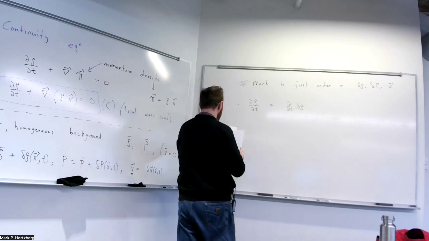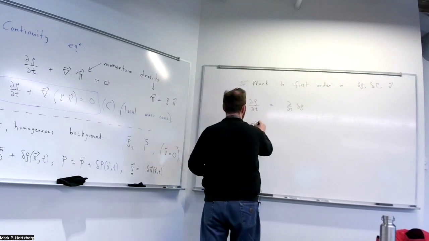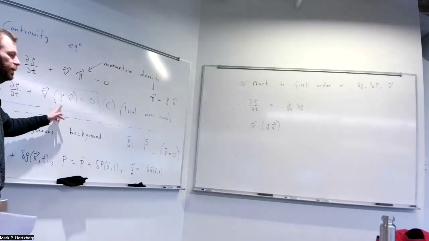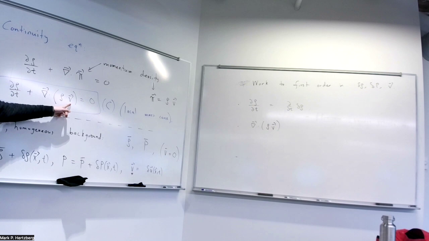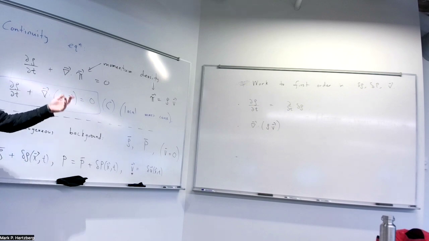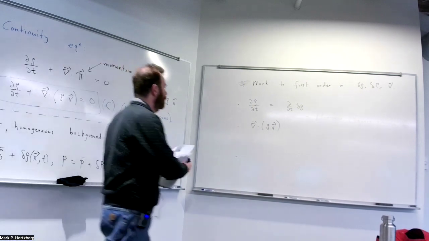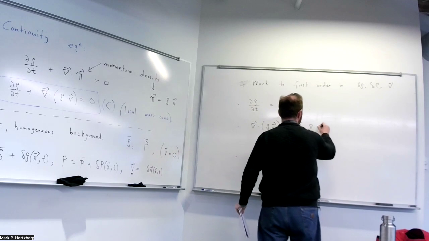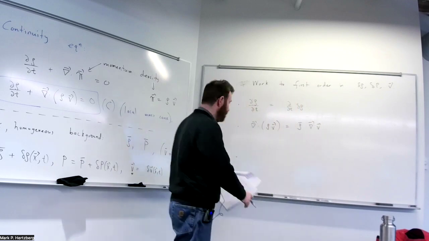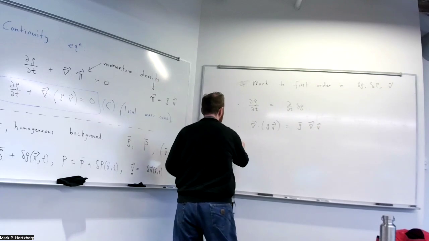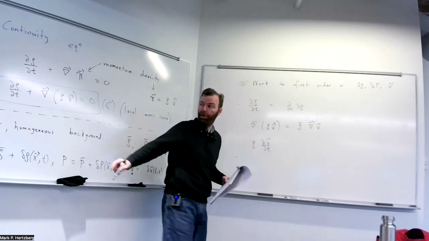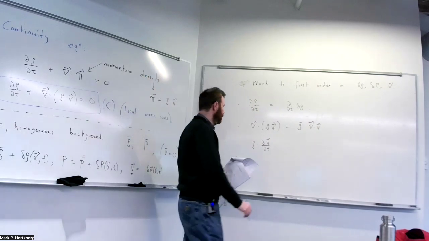I guess we can write all these things out. The divergence of rho v, okay, from this piece. V is small, so I only need to evaluate rho on the background if I work to first order. So I pull out rho bar, and then I'm left with the divergence of V. And on it goes. Rho dV dt, first term in the Euler equation.